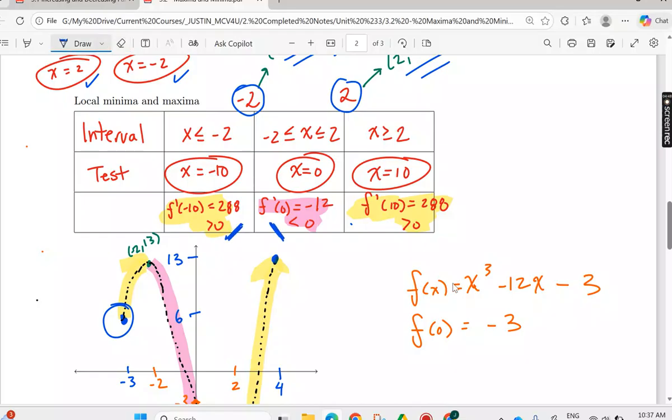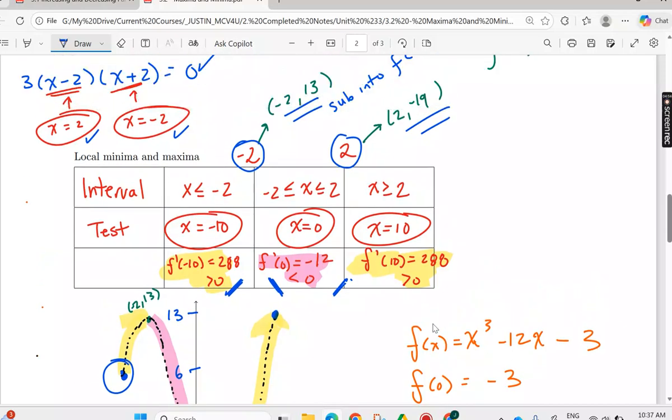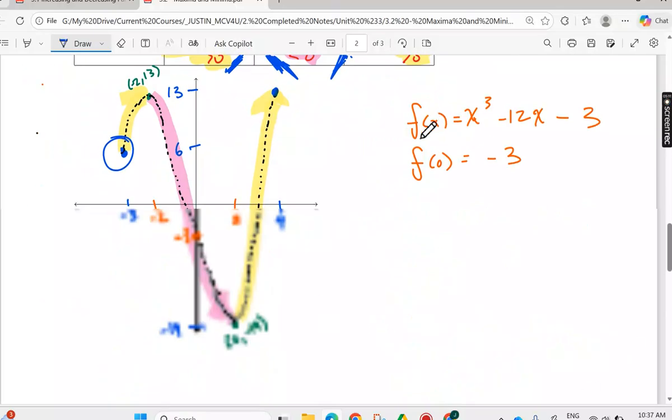Which tells me that at -2, going from increasing to decreasing, this is a potential local max. And at 2, it's decreasing then increasing, which makes this a minimum. So I'm going to plot those points, (-2, 13) and (2, -19).